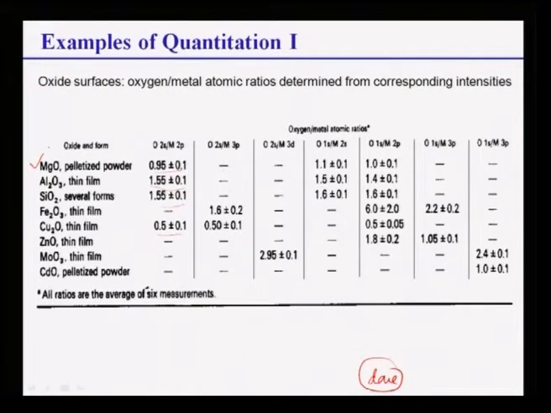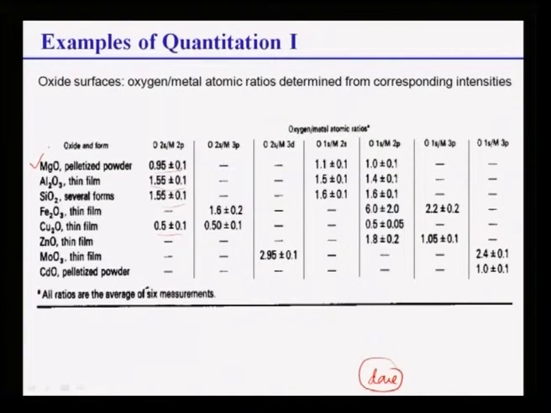As you know, 10% is the approximate error in these quantifications, and oxygen 1s divided by metal 2s, or magnesium 2s, is almost 1.1 plus minus 0.1.